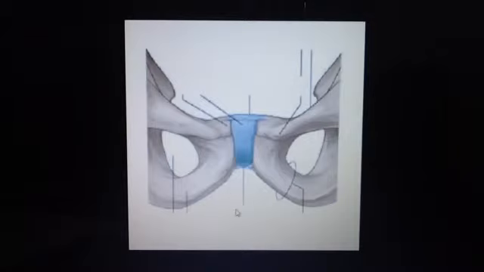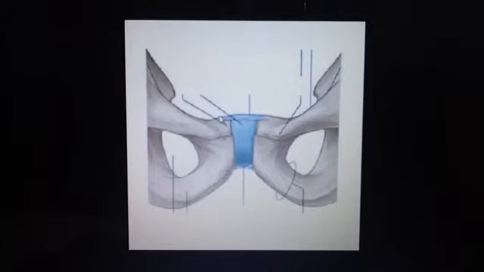Where is the ischial ramus? That's right here. Where is the obturator foramen? That's right here. Where is the pectineal line? That runs up here. This is the pectineal line. And where is the pubic crest? This is the pubic crest.